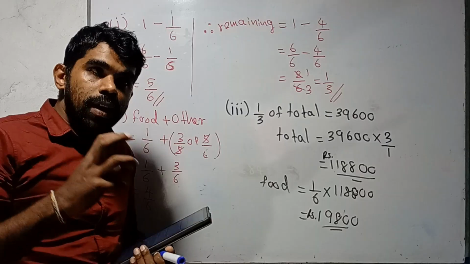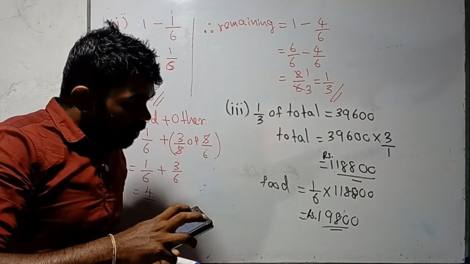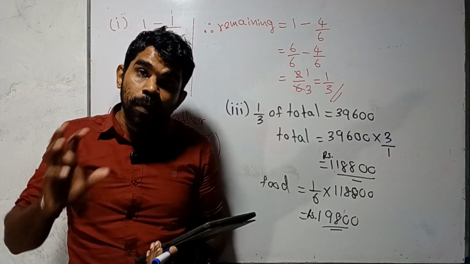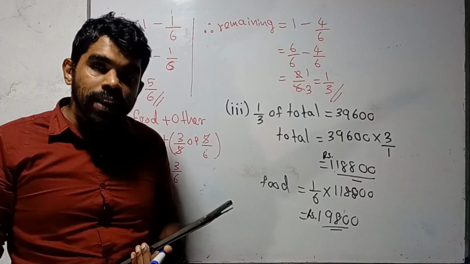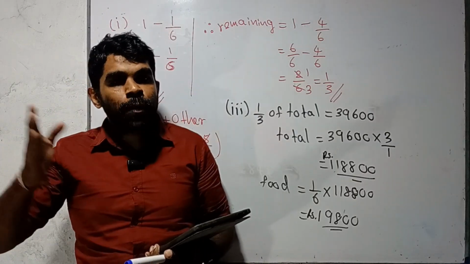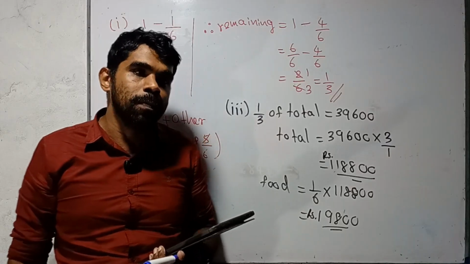Therefore, the remaining amount after paying tax from the taxable income is 94%. 6% is the tax percentage. Therefore, the remaining percentage should be 94%.